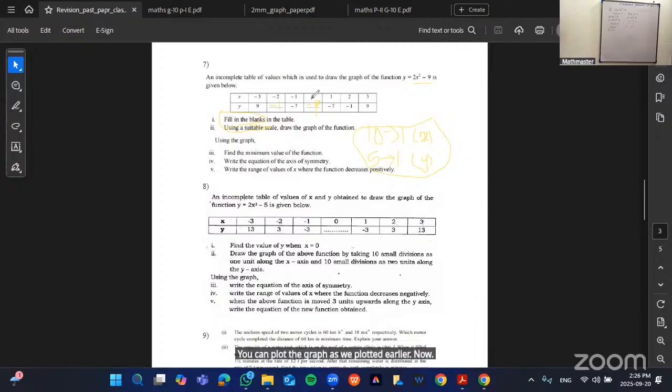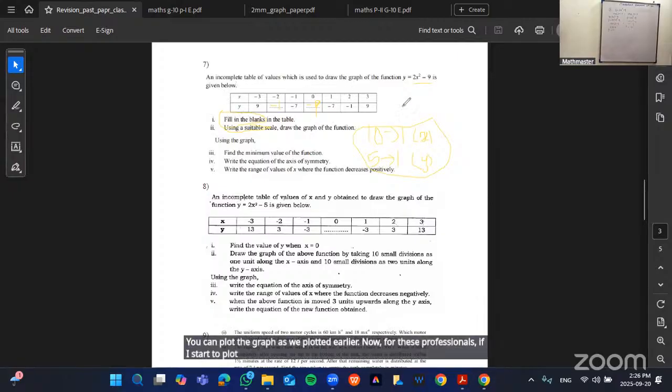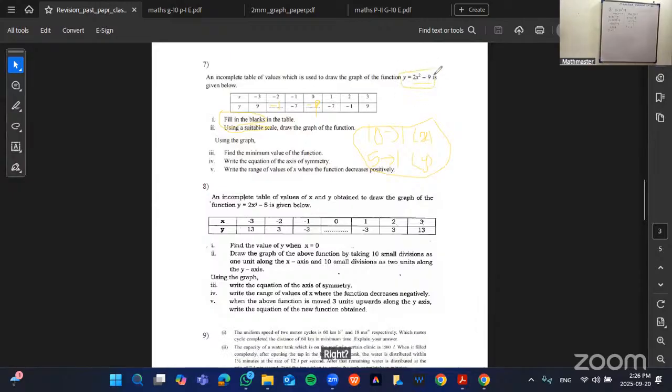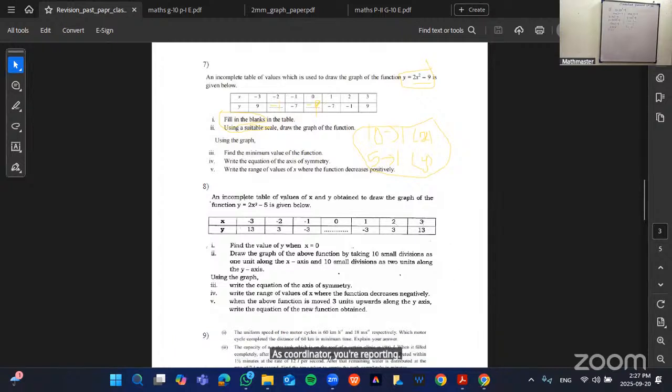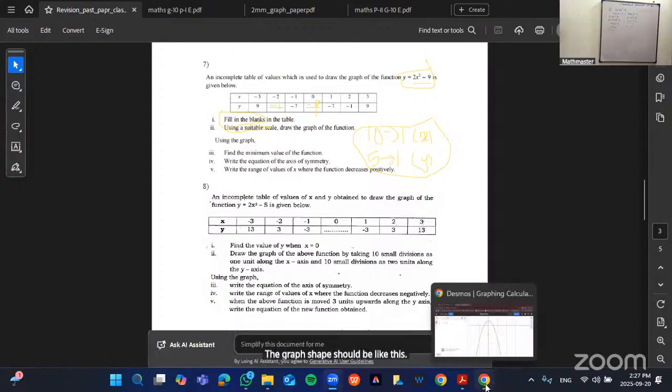If I start to plot the graph, it will take a lot of time, so for ease I will write this equation and show how the graph should look. You can do the plotting at home. The equation is y equals 2x squared minus 9. You plot the graph using the table as coordinates.